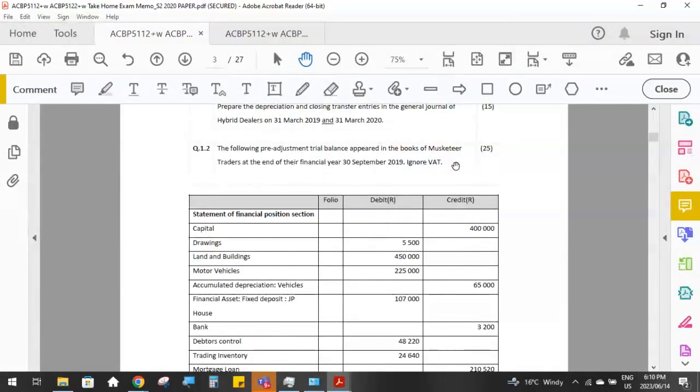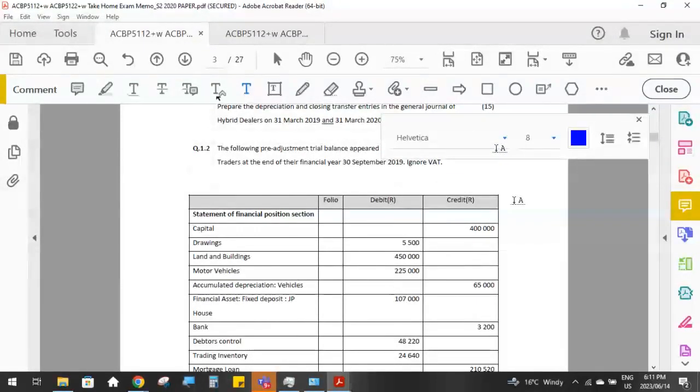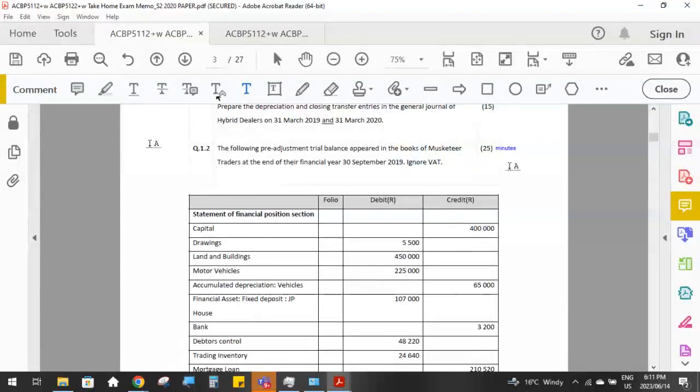On the other hand, if you've practiced this and you know all of your depreciation and your 4 accrual journals backwards and forwards, and you are convinced that you can easily do this question in 25 minutes, then by all means go ahead and do this question first.